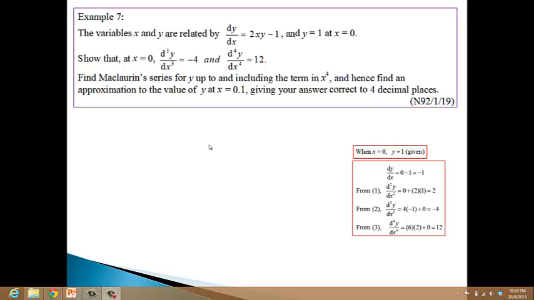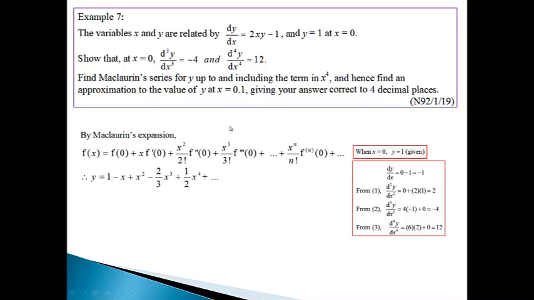The next part of the question asks us to find the Maclaurin series for y up to and including the term in x to the power 4. By Maclaurin's expansion, we know that f(x) can be rewritten in this form.